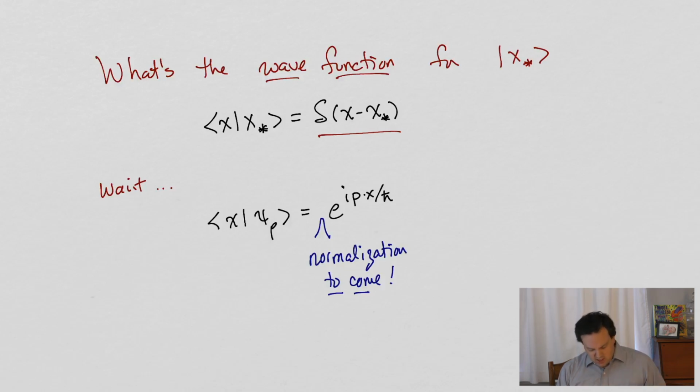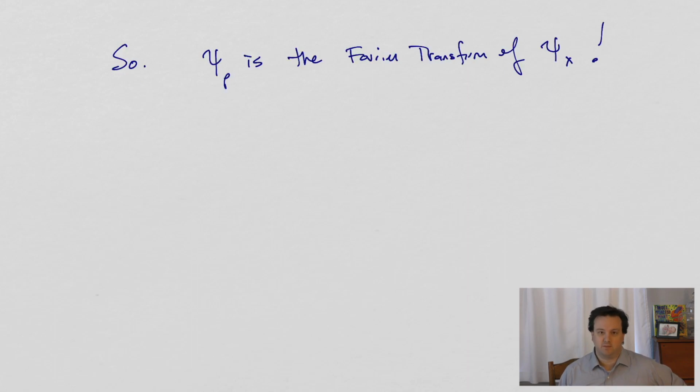The eigenstates of the position operator are delta functions, and the eigenstates of the momentum operator are e to the i px. These are the two wave functions. So those are things you know. I mean, what's the relationship between a delta function and e to the i px? It's the Fourier Transform.